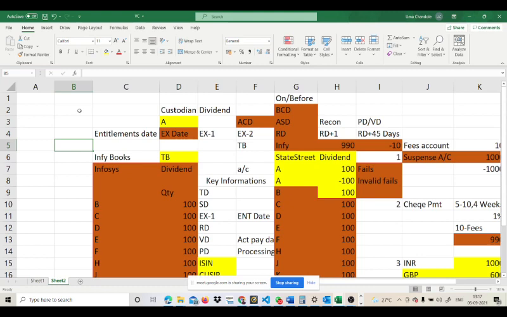the hierarchy as well, or how the different players play a vital role in this corporate action ecosystem.